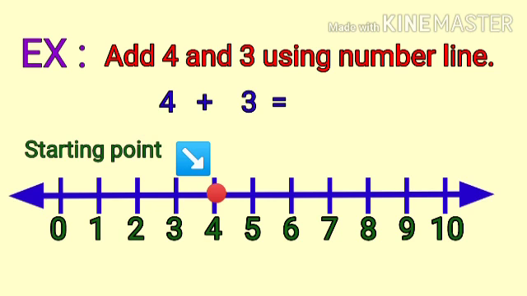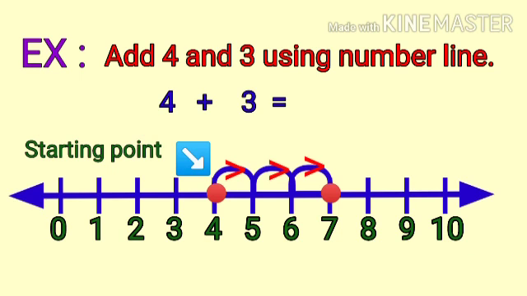The first curve from 4 to 5. The second curve from 5 to 6. The third curve from 6 to 7. So the third curve ends at 7. Mark this point as a result.